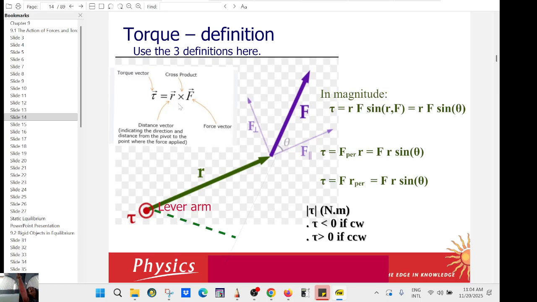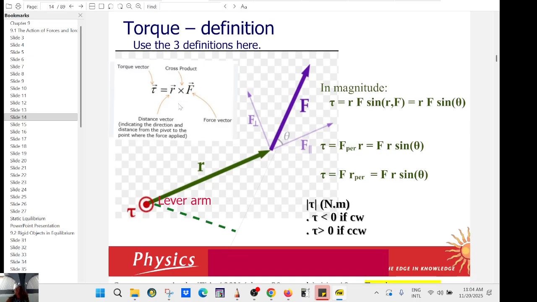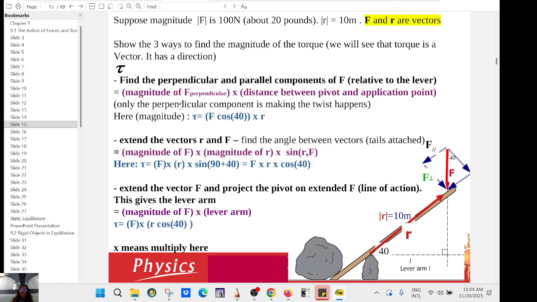Anyway, if the force you are applying is trying to rotate the system this way, the torque is going to go that way. And torque will be proportional to your angular acceleration. If there is a torque, there is spinning faster, slower, or changing the orientation. Okay? So again, I'm taking an example here. You need to find the component here, the perpendicular component.